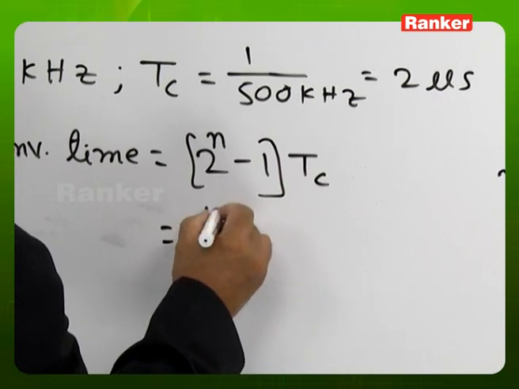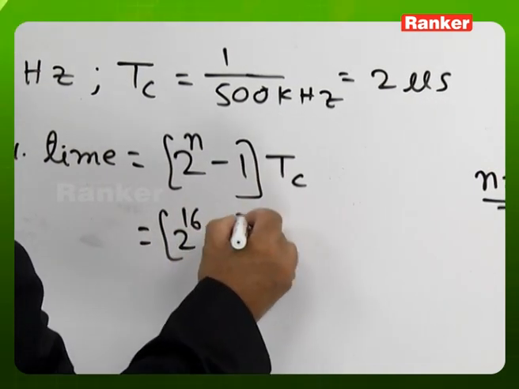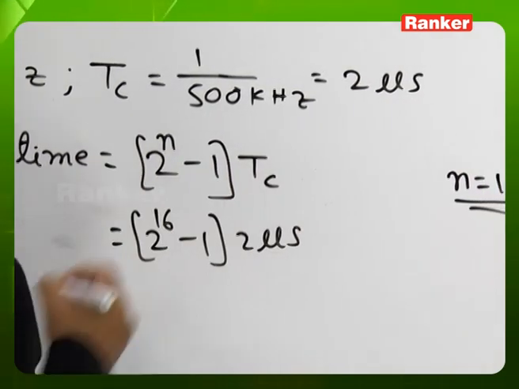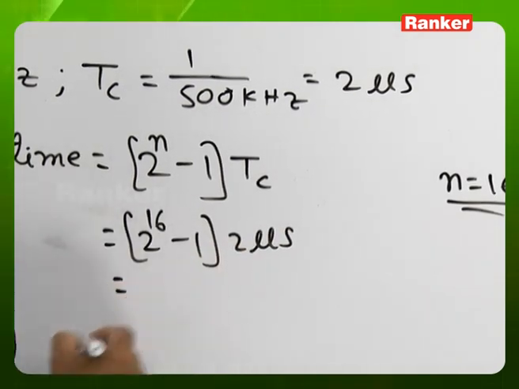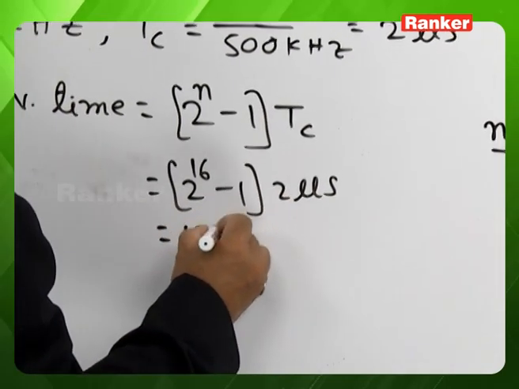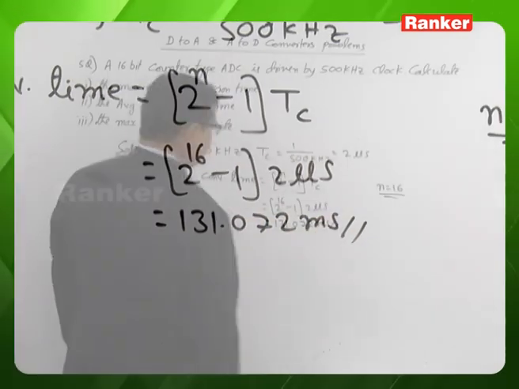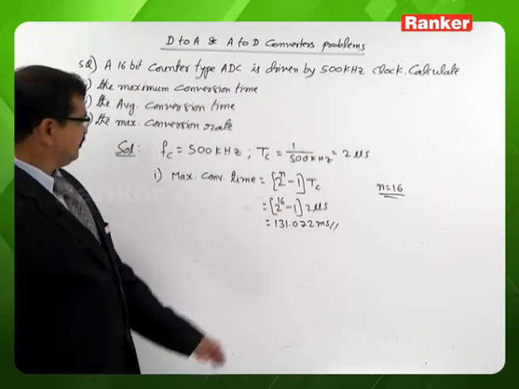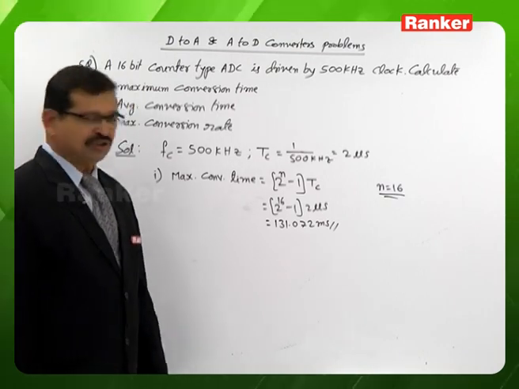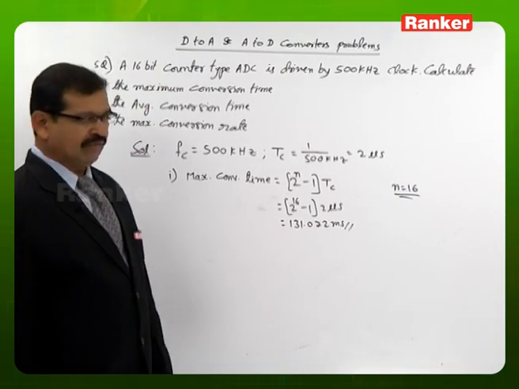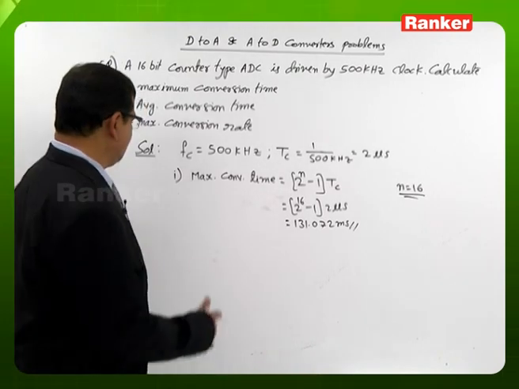Hence (2 to the power of 16 minus 1) into 2 microseconds gives the value as 131.072 milliseconds. So it is the maximum conversion time for the 16-bit analog to digital converter of counter type.